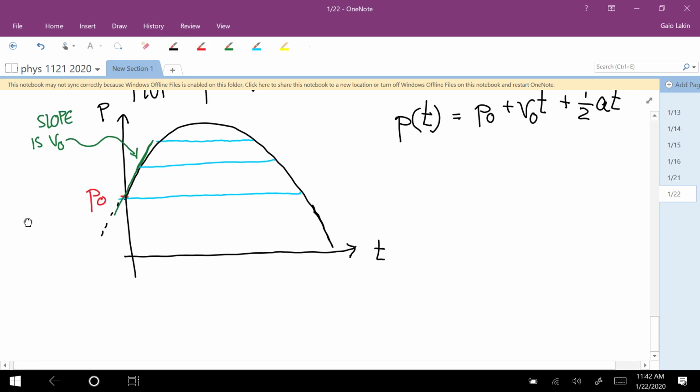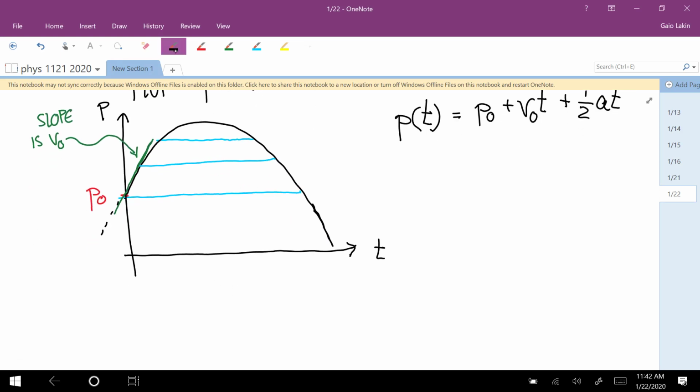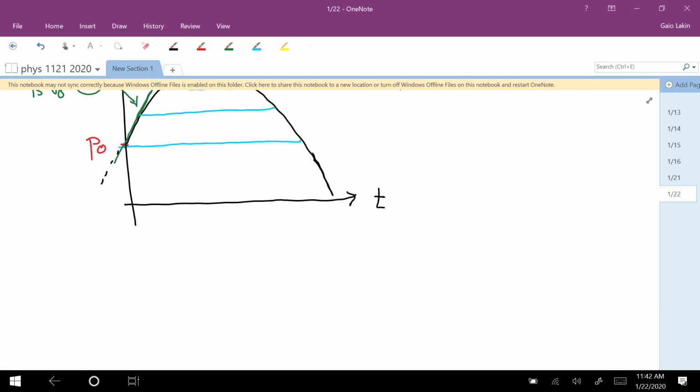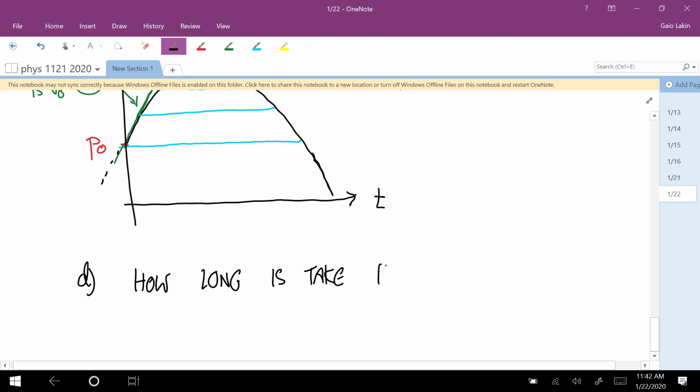Let's, instead of going on to the next thing, do one more question about this. Let's get the other two equations in here, because this has all been one equation. So how long does it take for the ball to hit the ground?